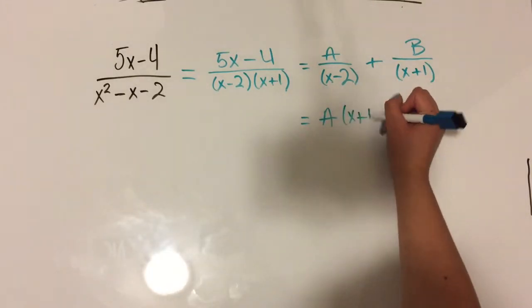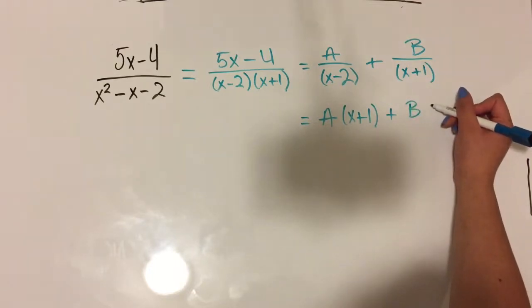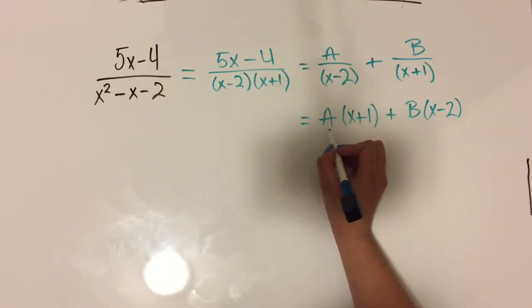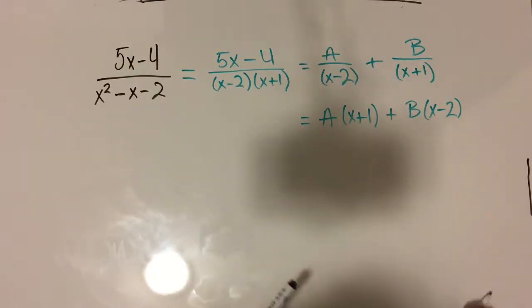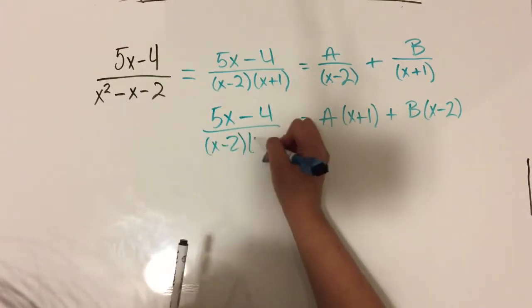Then you are going to multiply through the bottom so we no longer have any denominators. So what you're going to do is cross multiply to get a common denominator.